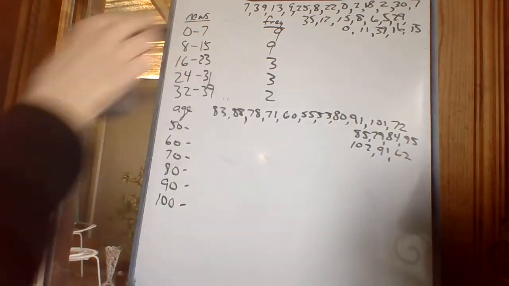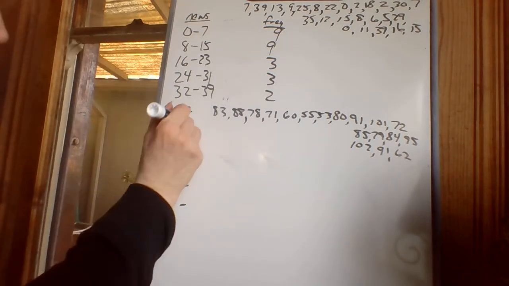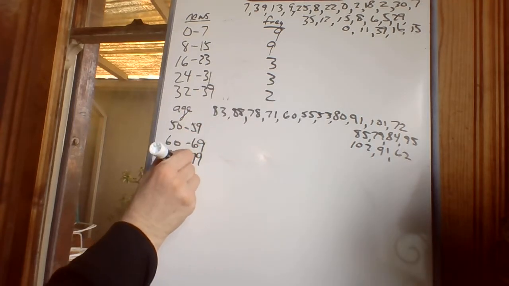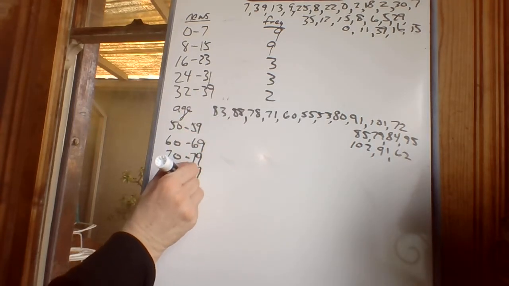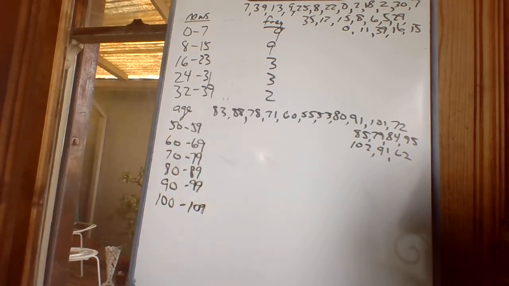Okay, so again, these can't overlap, so this will have to be 50 to 59, 60 to 69, 70 to 79, 80 to 89, 90 to 99, and 100 to 109. It's got to fit the pattern. It can't be 100 and above.